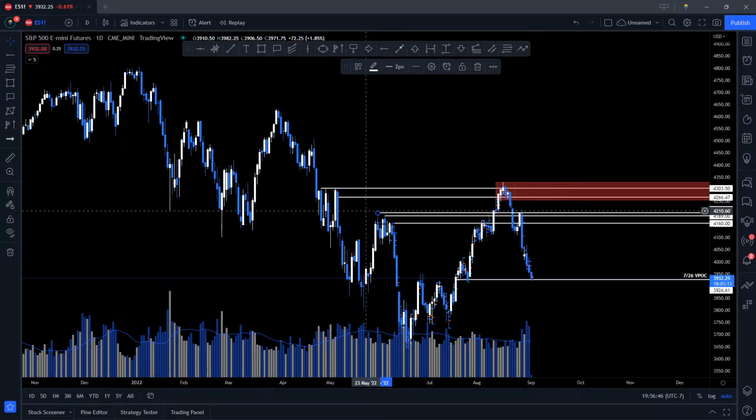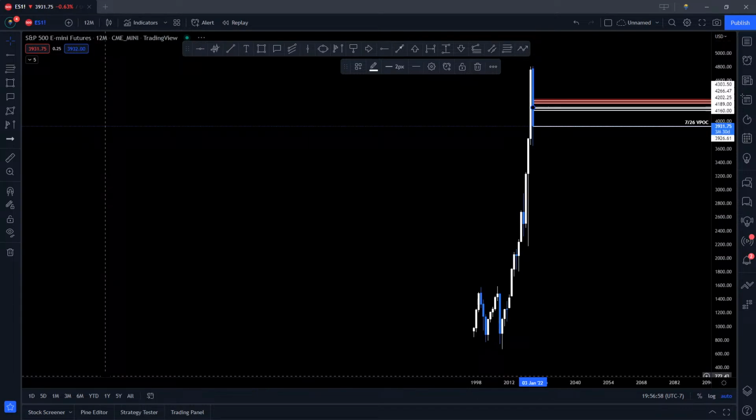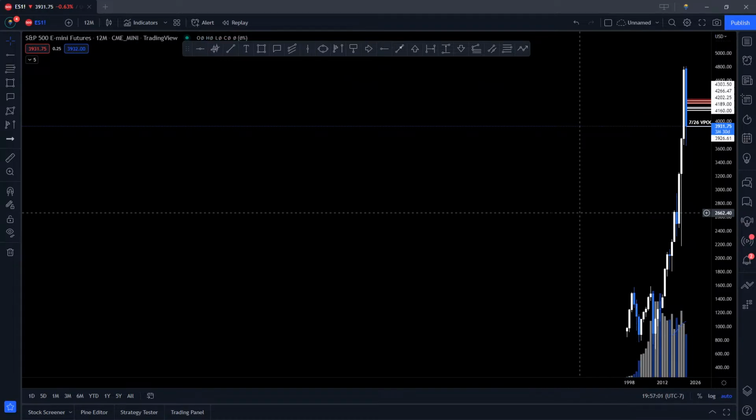This is not accurate. I'm just grabbing random whatever. But when you're looking close to where price is trading, you want to start identifying key levels on different time frames, on higher time frames. You always want to zoom out.